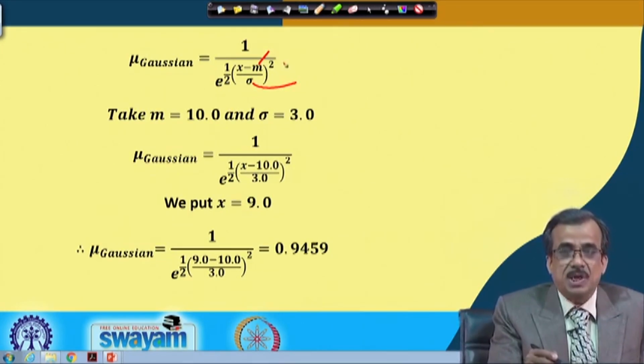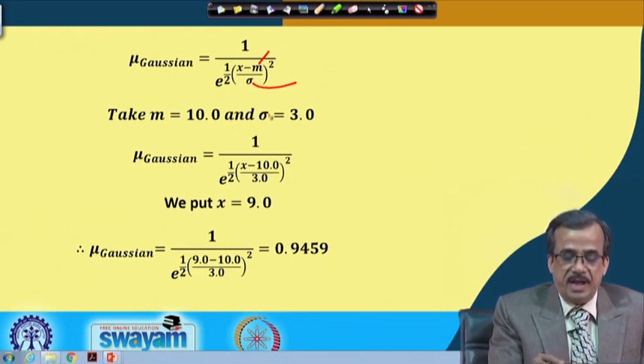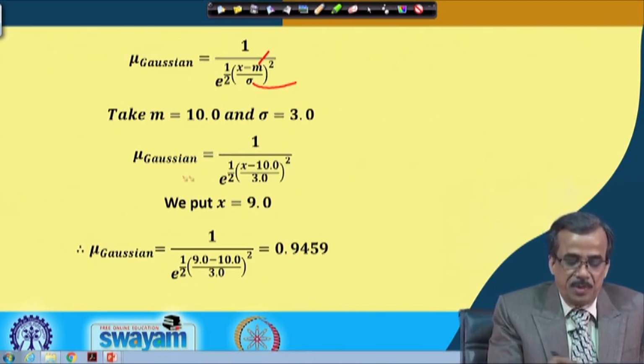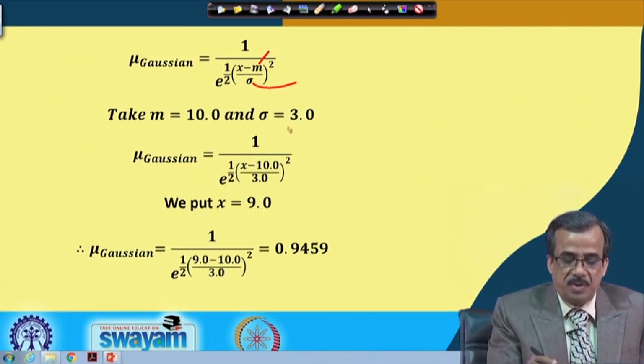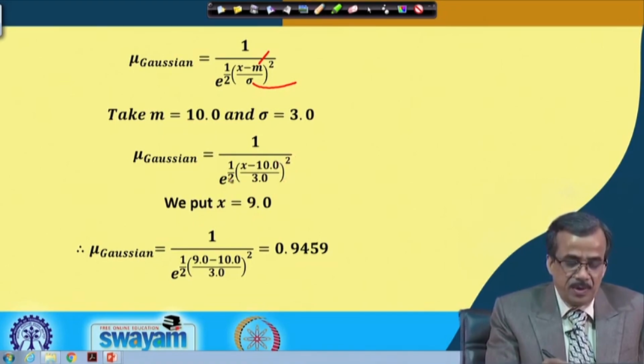Now, we are going to substitute the values m equals 10.0 and the standard deviation equal to 3.0. So, we will be getting this particular expression, that is mu Gaussian is nothing but 1 divided by e raised to the power half ((x minus 10) divided by 3) square, and now we put x equals 9.0.